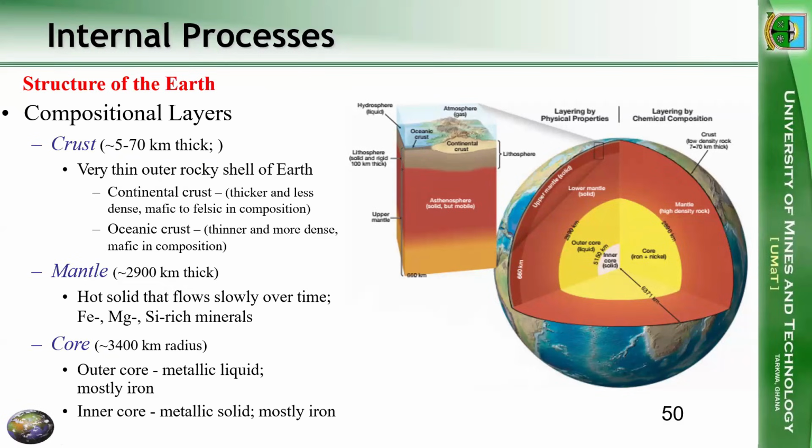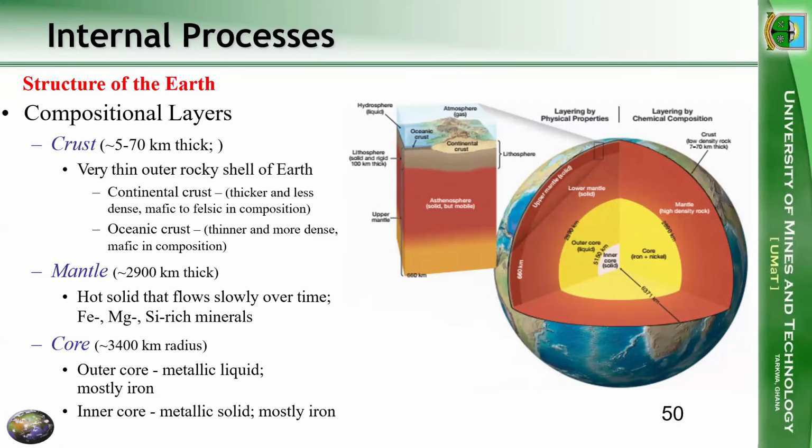When we look at the composition of the continental crust, it is mafic to felsic. Mafic means dark colored. So it is mafic to felsic in composition.